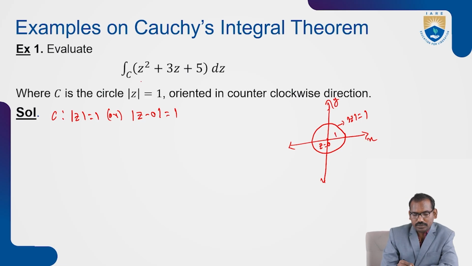Okay, so we need to perform integration along this circular path. When we perform integration along this circular path, we would take the parametric form.